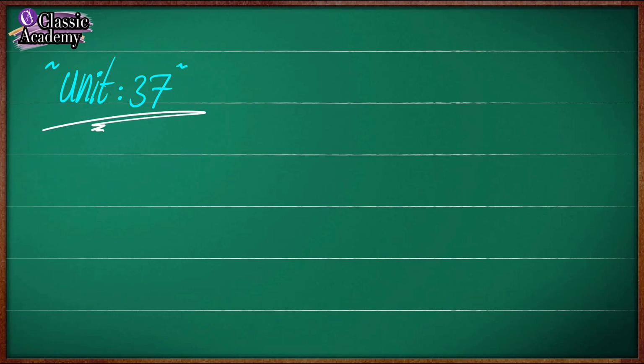Unit 37, exercise 4 is very interesting. There are 3 boxes, and in each box we have got some words. The first box is introducing something nice. It says fifty. Look at this one, nice. The word fifty is the number 50, and it's the spelling of 50.